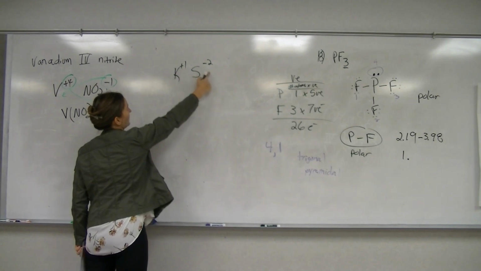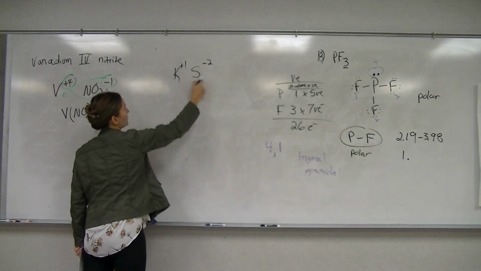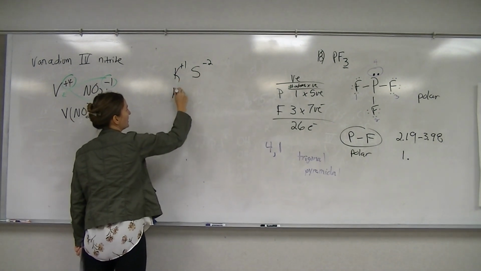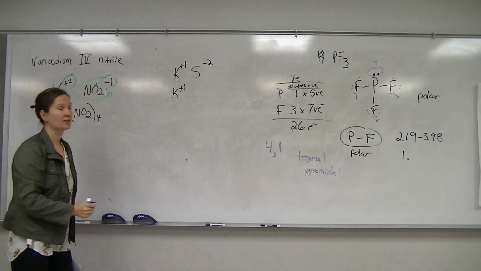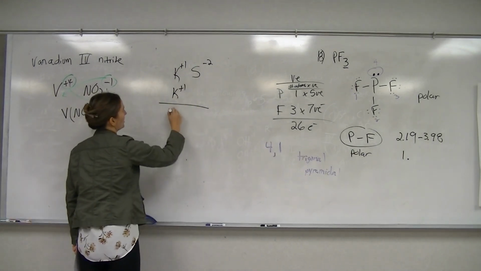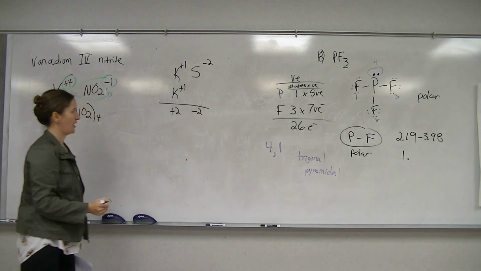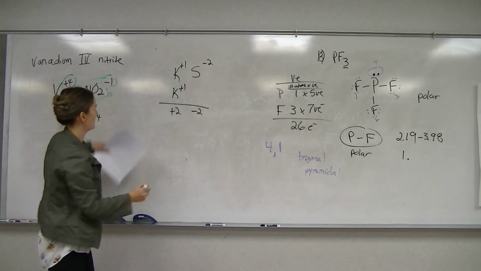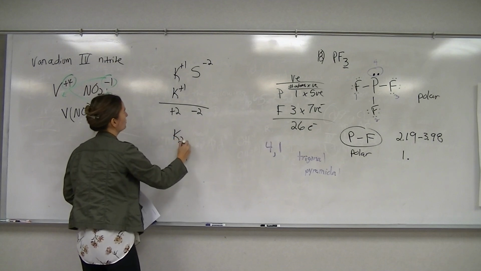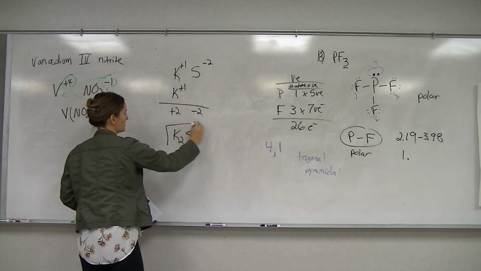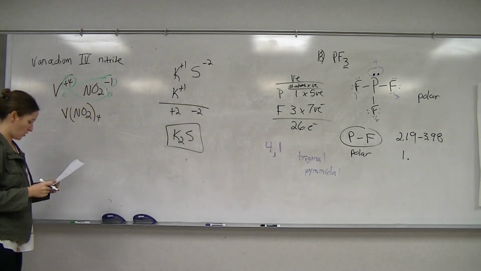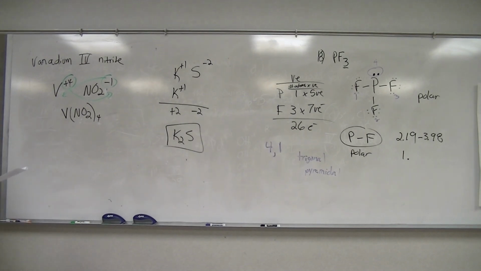The other way is looking at the charges, trying to get them neutral. Looking at them, I see that I need to add another positive ion. That will give me a total of +2 on the cation side and a total of -2 on the anion side. So I need 2 potassiums, K2, and 1 sulfur. So this would be the correct formula for potassium sulfide.